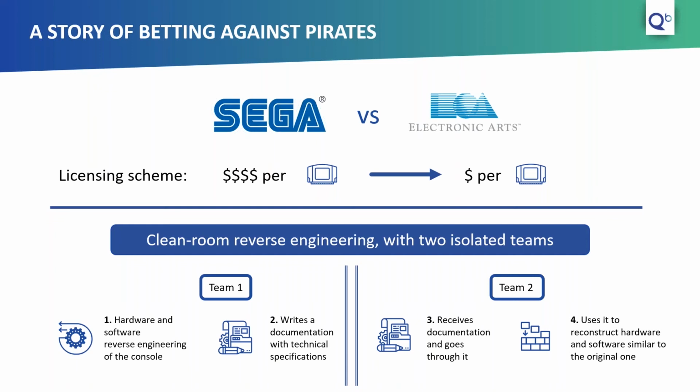EA proceeded with what we call a clean room reverse engineering and two isolated teams. So how does it work? Two teams were set up. One examined the actual hardware by taking it apart, while the other team documented what was done by writing manuals and creating development tools for use.